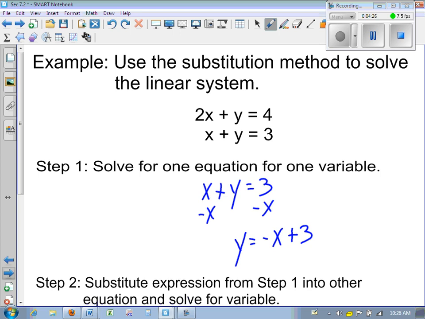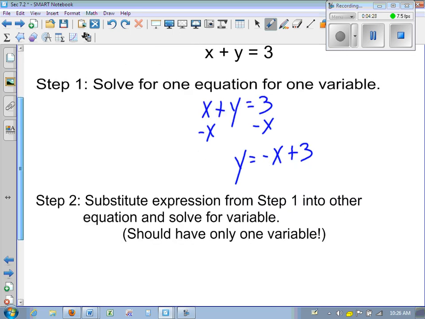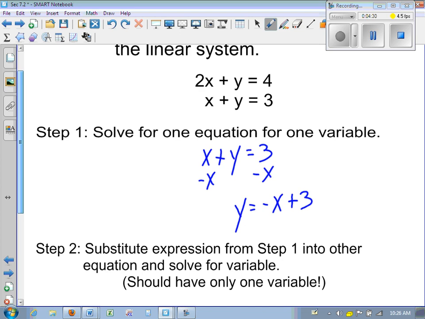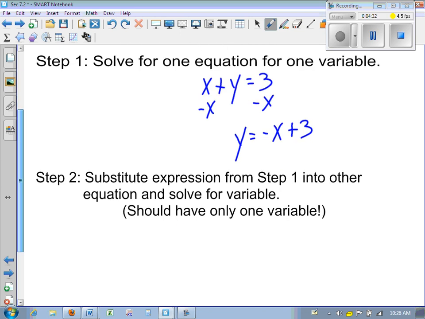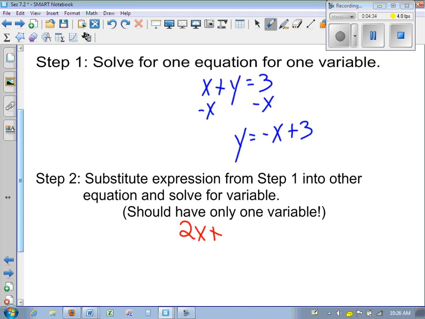Once I do that, I substitute into the first equation. Well, the first equation is 2x plus y is 4. And now, this is my y that goes into there.